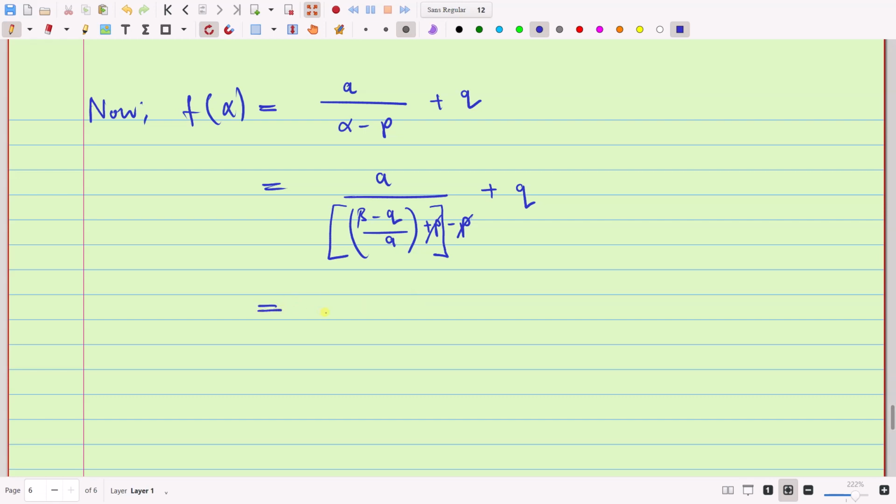So alpha has been replaced with that. We can see now that the p and minus p cancel.